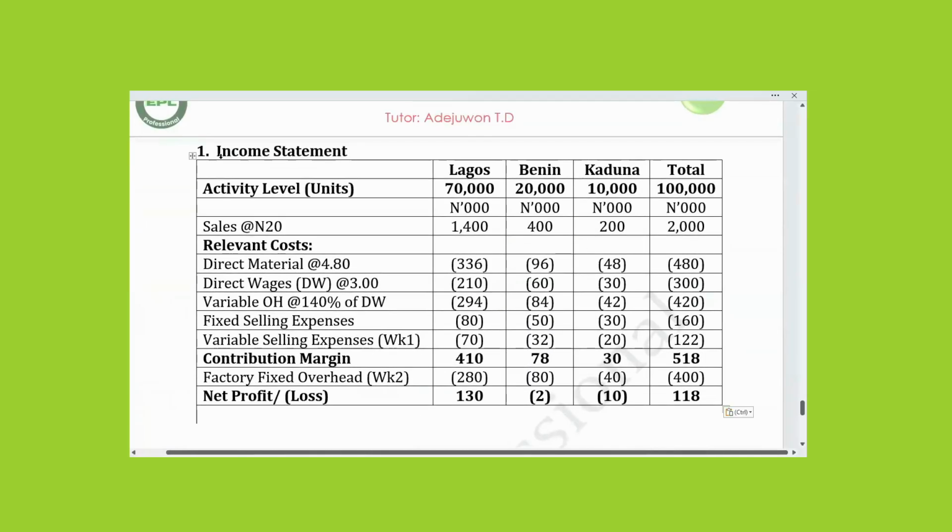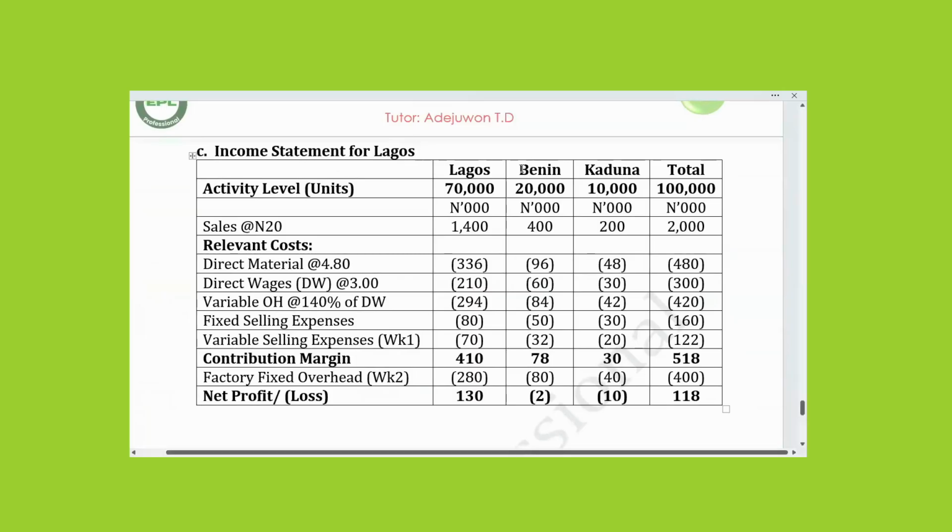Therefore, I can say for C, income statement for Lagos, or I can say income statement after closing down of Benin and Kaduna. However you want to put it, we are still saying the same thing.